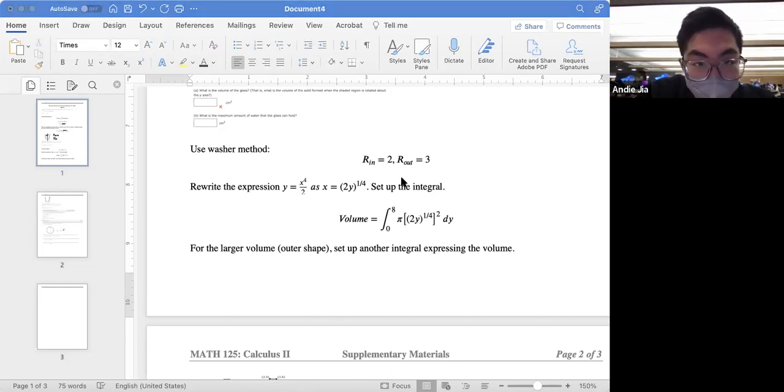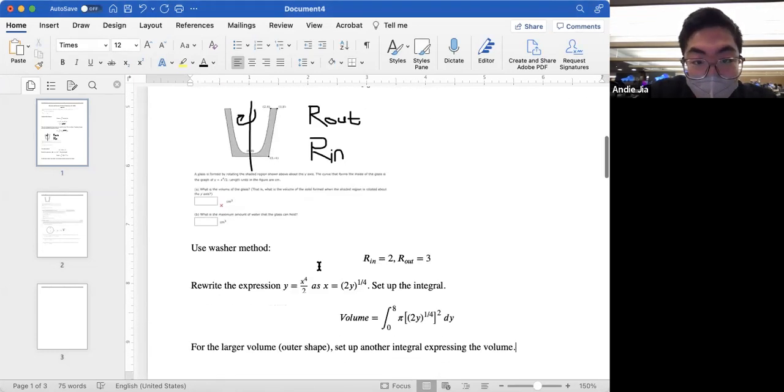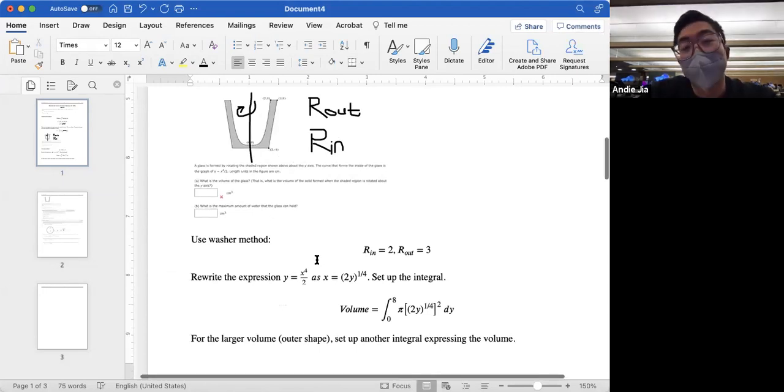So we just need to set up another volume to compute the area of the outer. So it is this question.